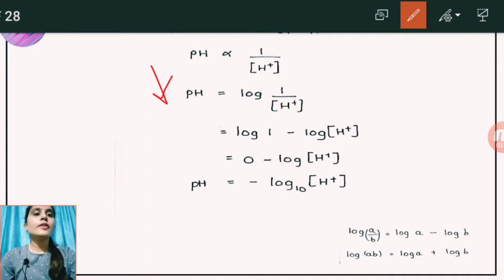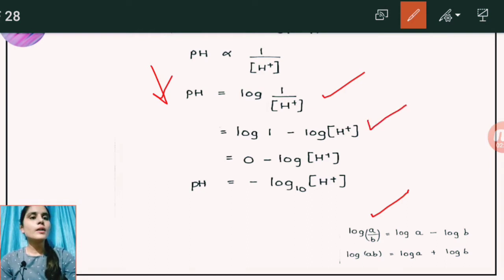Now, we can equate it: pH is equal to log of 1 by hydrogen ion concentration. Now we are going through a logarithmic relationship. By a simple step, as we know, log of A by B is equal to log of A minus log of B. So simply log of 1 minus log of hydrogen ion concentration.